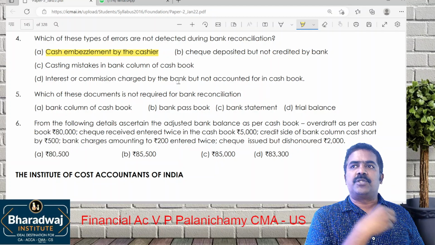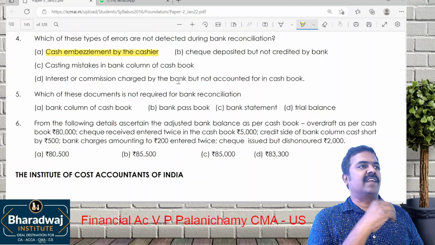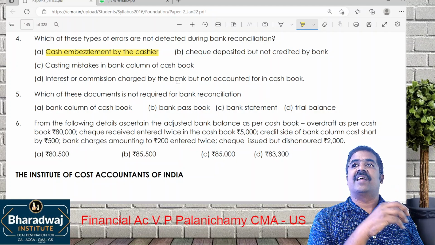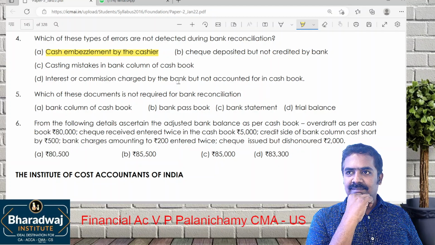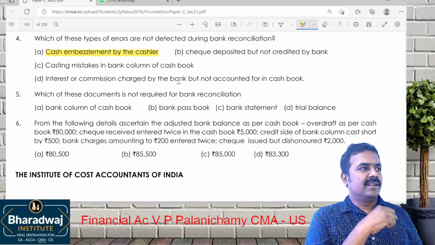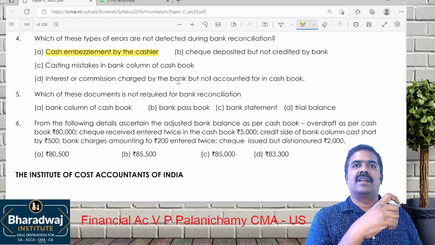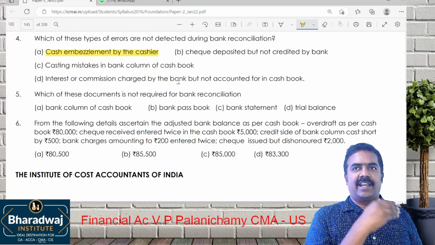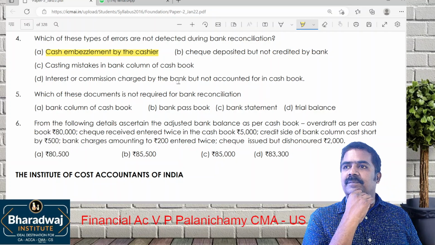Taking the money, misuse of money. For example, I will collect money on 10th April, but I will record on 20th April only. Anyway, it is recorded. Or cash column. We are not considering which column?